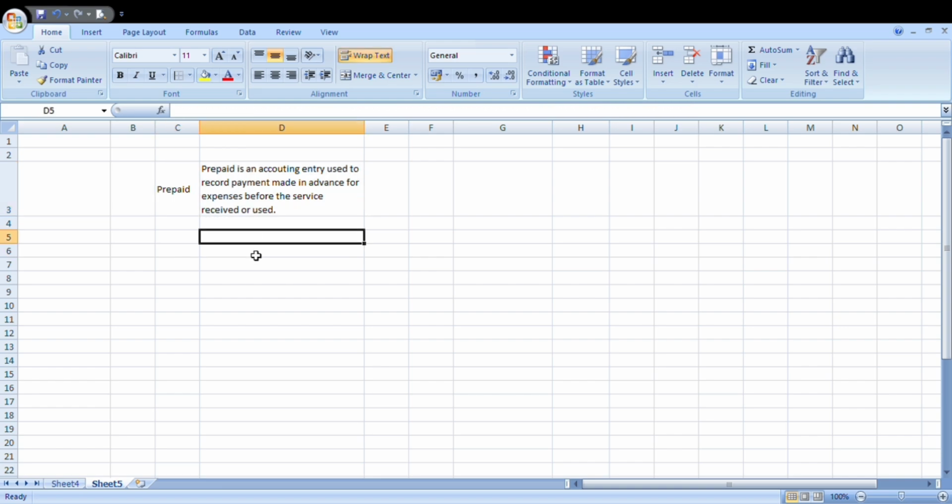Let's understand with an example. We pay, for example, insurance. Everyone has a bike insurance, or we purchase software. We pay in advance and later we can use it. For example, Netflix, Amazon Prime: yearly ones, we pay first and later use for the entire year.